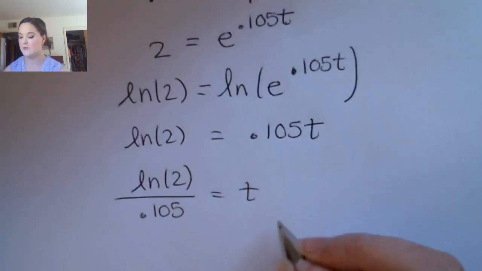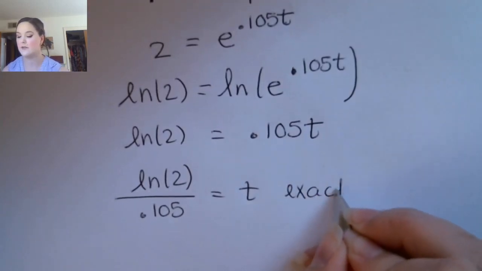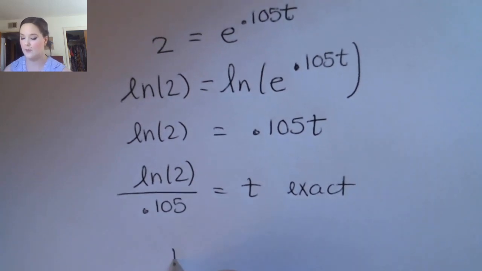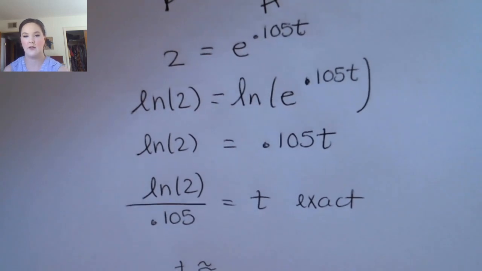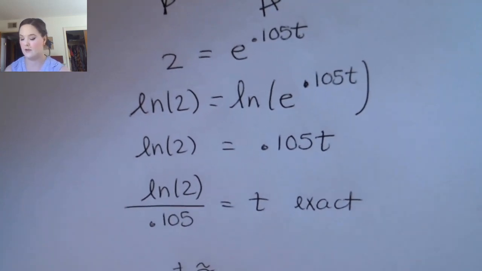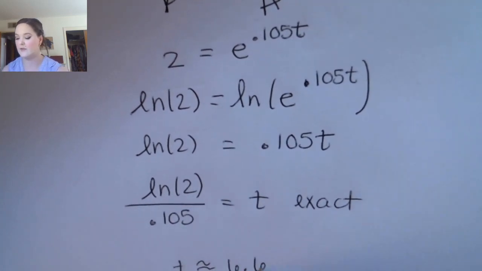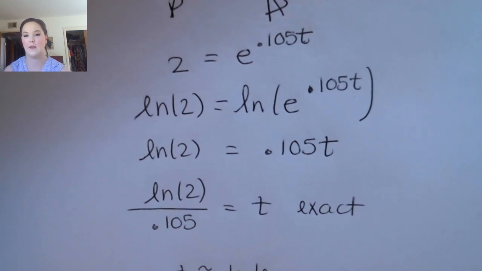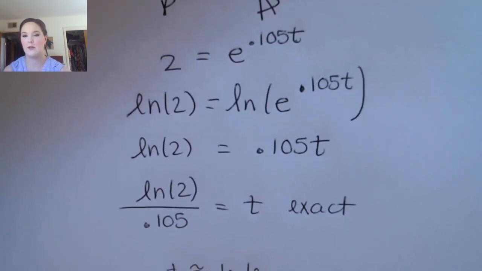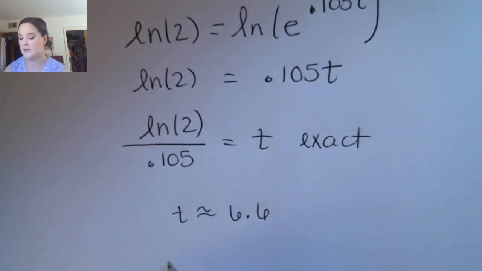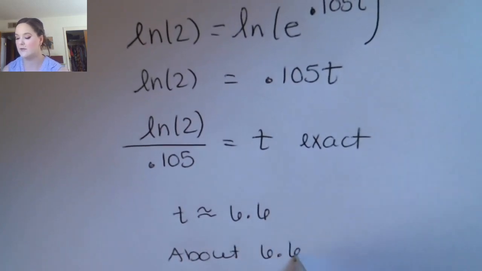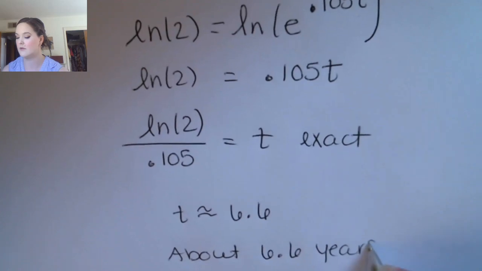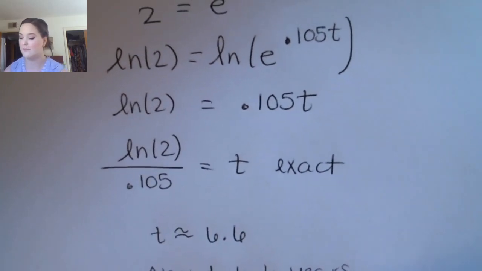Okay, so here's my exact answer. All right, and then my approximate answer, I'm going to use my calculator, and I got 6.6. Okay, so how long would it take? Okay, we would say about 6.6 years. Okay, to double.